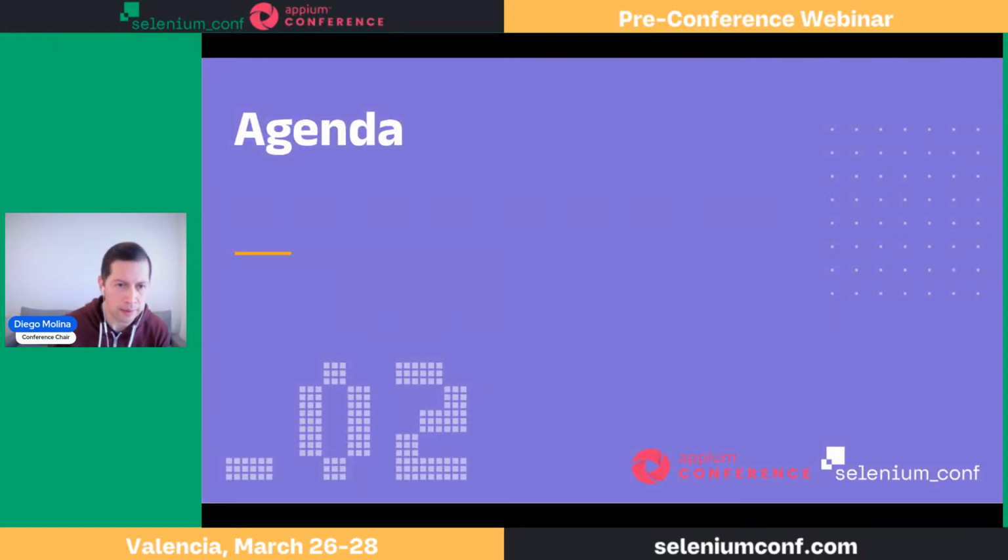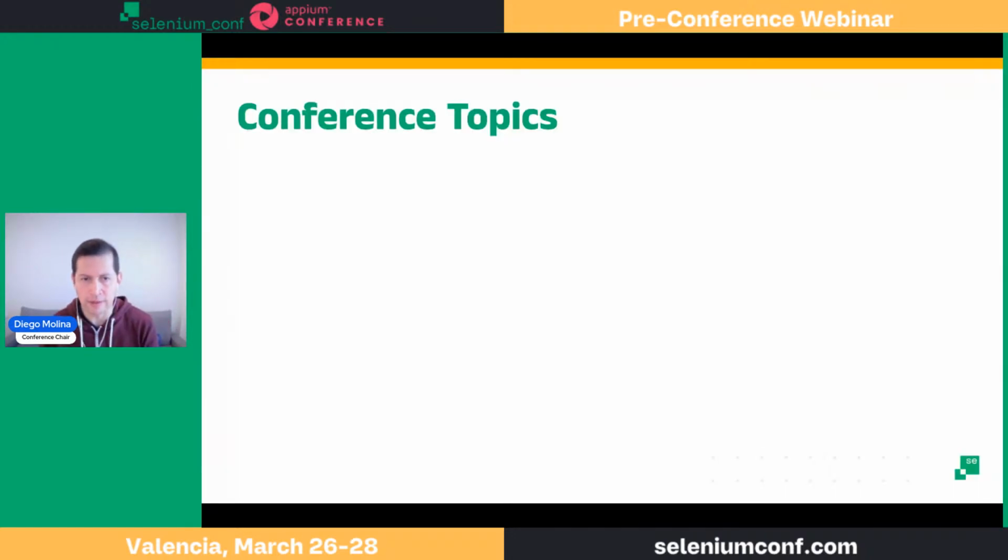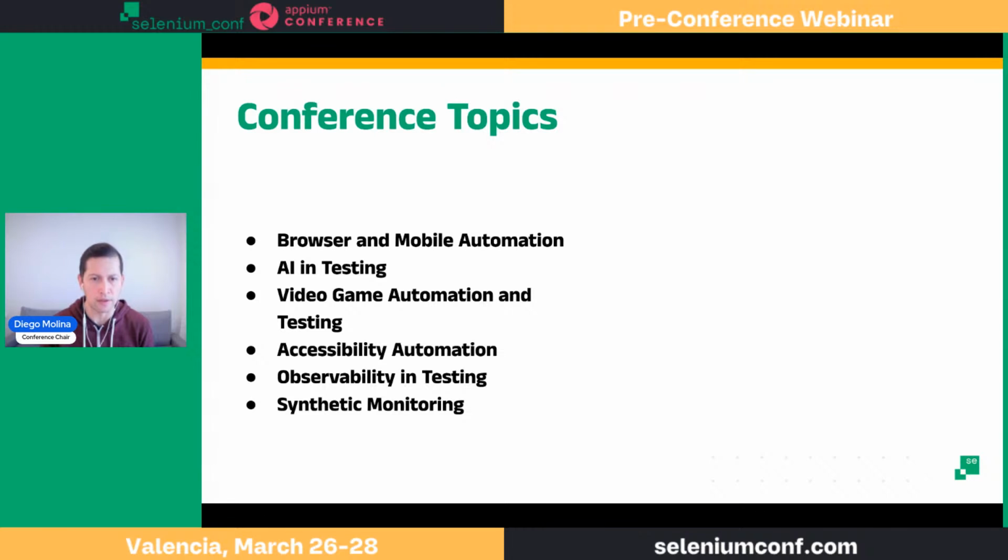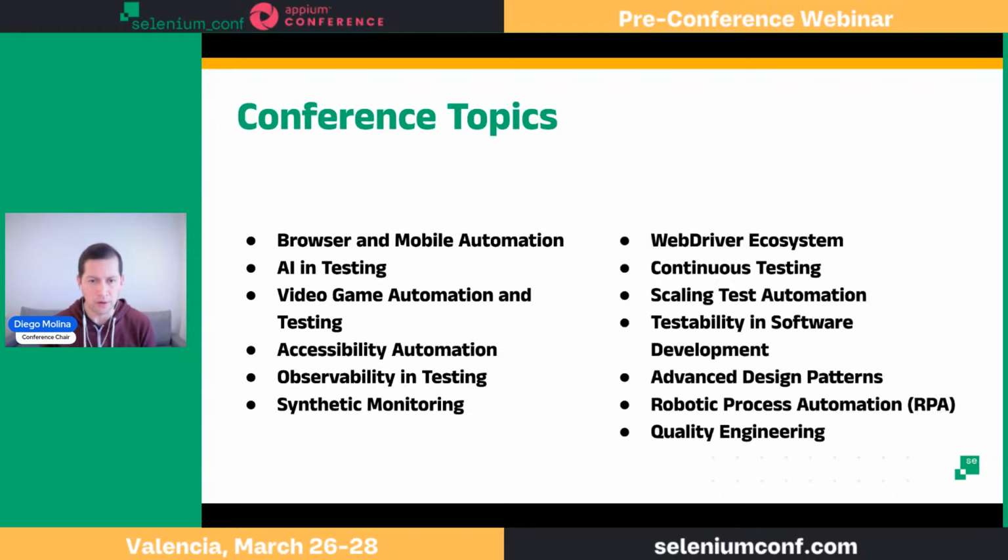More than that, we have several different conference topics this year. We have browser and mobile automation, continuous testing, accessibility, and a great paired session between someone who is specialized as a developer and someone who is a tester. We also have a lot of things around AI and the web library ecosystem.